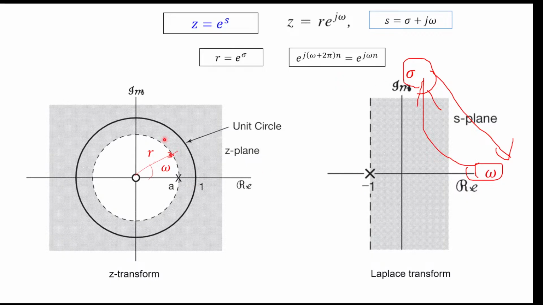So every 2 pi period, you wrap back to the same point of the circle. For example, the j omega axis will wrap into this circle here. So you're kind of stretching your whole strip of ROC into rings. Now we don't see a ring because the ROC extends to infinity, but we're going to see an example where in the Laplace transform you will see something like a strip, and then in this transform you have ROC rings.